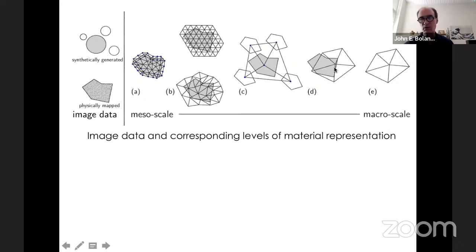Going one step coarser, we have a discretization that semi-relates to the underlying material structure, but there's no explicit representation of material structure. Rather, the element size and the random geometry reflect heterogeneity. And then finally, up here, there's no representation of material structure. It's just a pure discretization strategy.